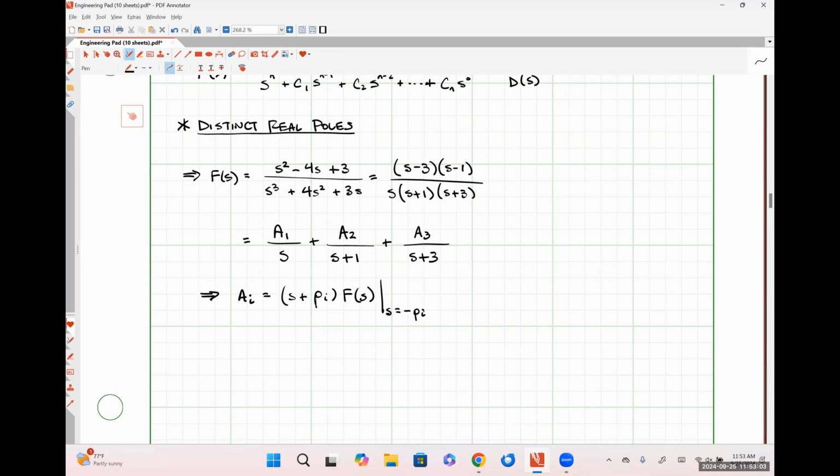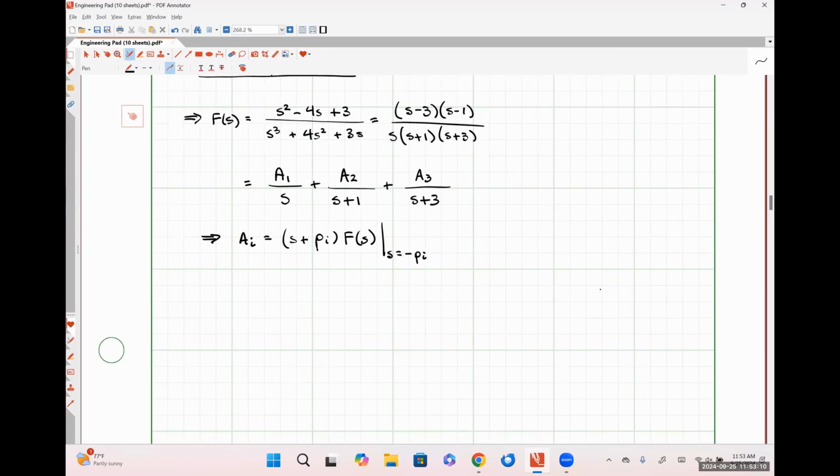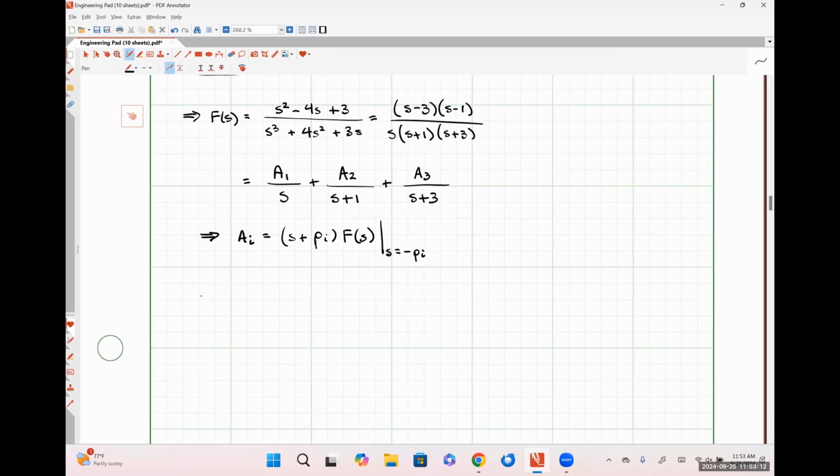So to put this into application and have this make a bit of sense to you guys, okay, if we wanted to calculate the value of A1, which is corresponding to my pole factor of just s by itself, what I'll do is I will multiply my original function, right?